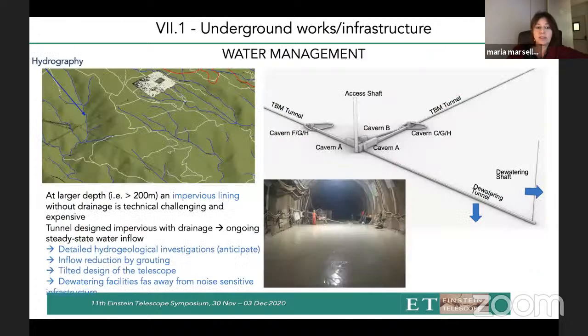And another issue that should be faced is that of water management. It was tackled in different presentations during the meeting, and as you know, this is a critical issue that can be solved in different ways, and of course it's very dependent on the site, on the rock characteristics, and on the morphology also, because you can find different solutions for dewatering the tunnels.